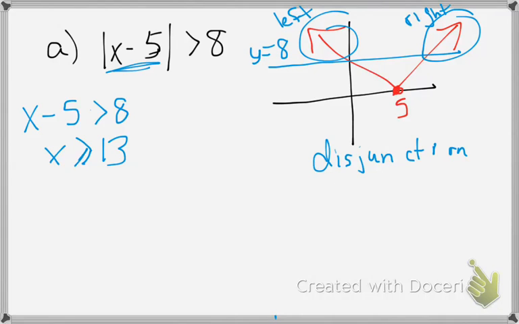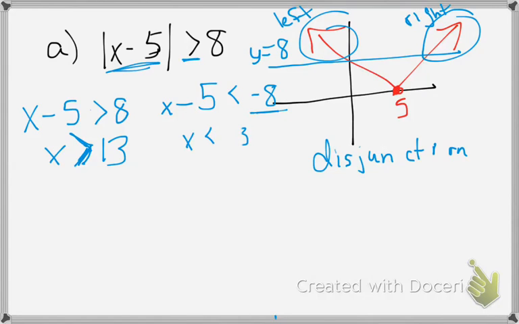That was a very easy part of the problem to solve. Now I need to go ahead and set up the second one. Our second one would be x minus 5 is less than negative 8. Now this time when I switch the sign of a value, I also know that I have to switch the direction of my inequality. So when I do so, I've got x is less than negative 3.